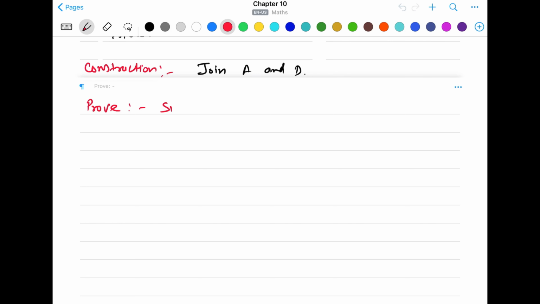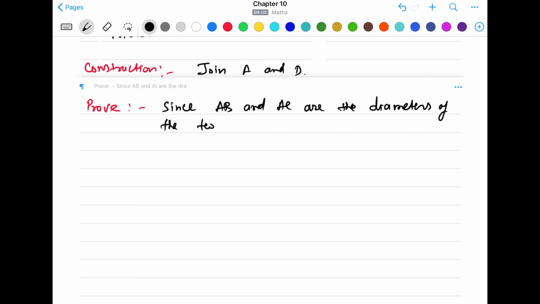So since AB and AC are the diameters of the two circles, therefore angle ADB will be 90 degrees.